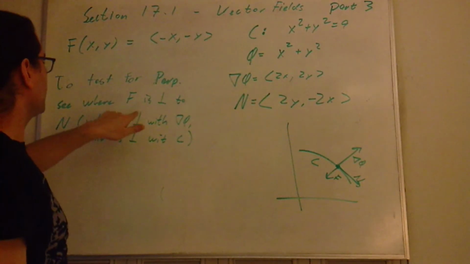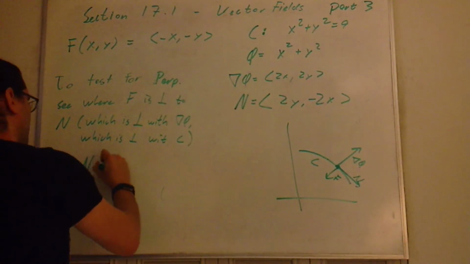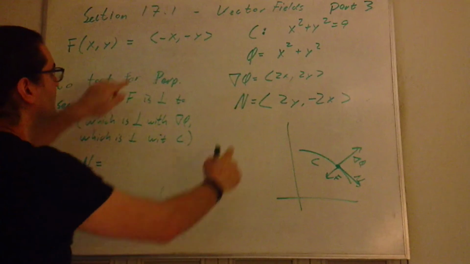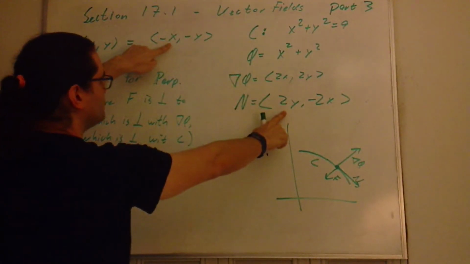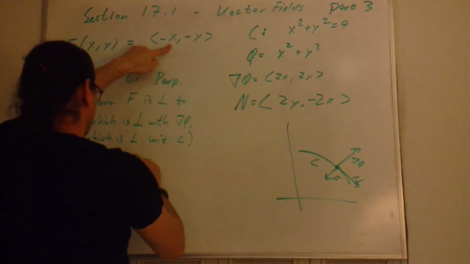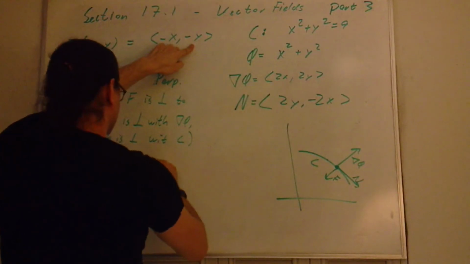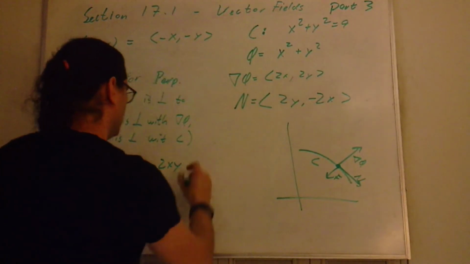So, if we want to test where f is perpendicular with n, we need f dot n, which will give us negative 2xy plus 2xy, which is 0.